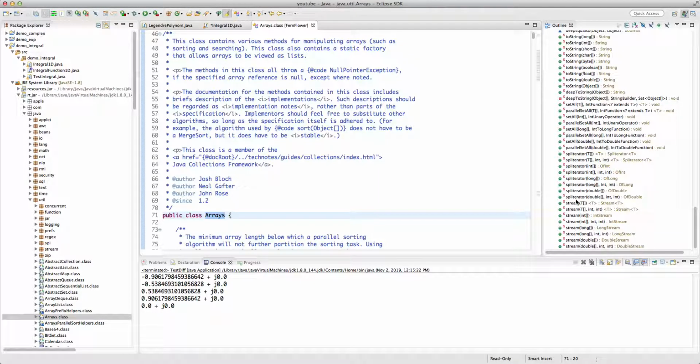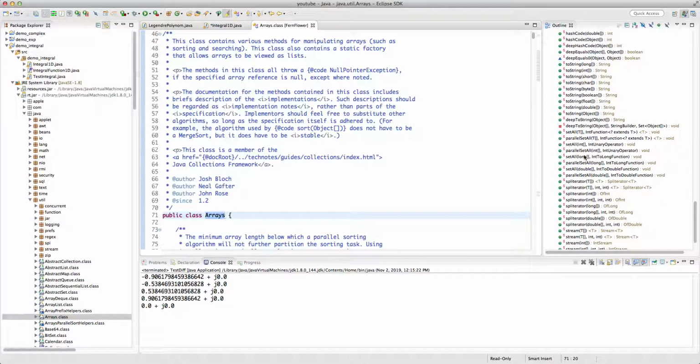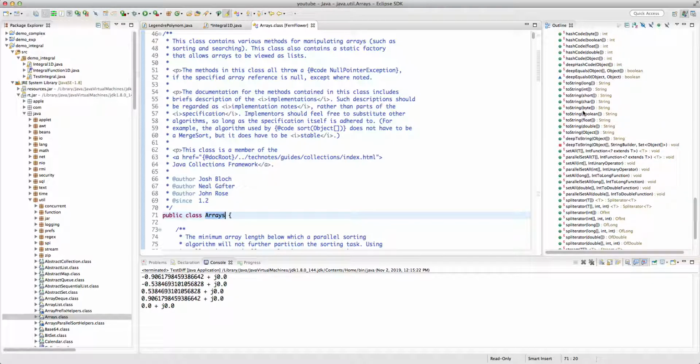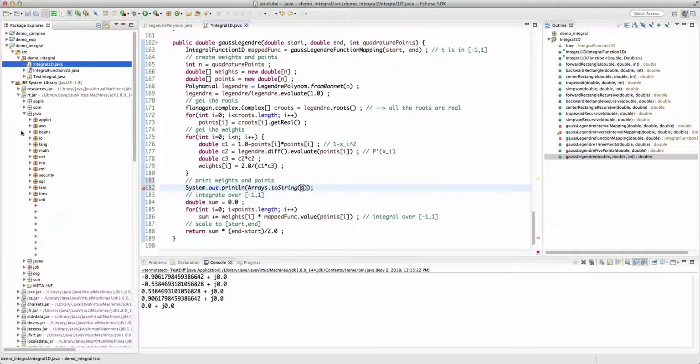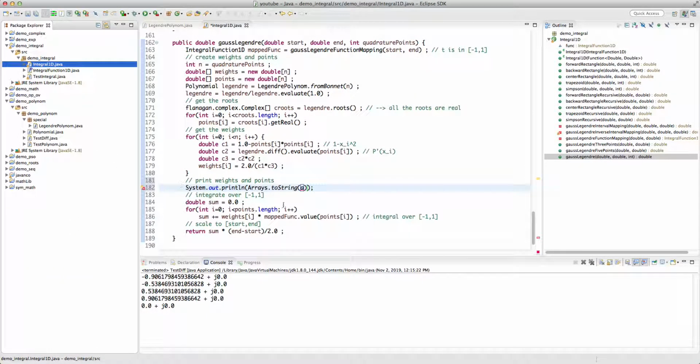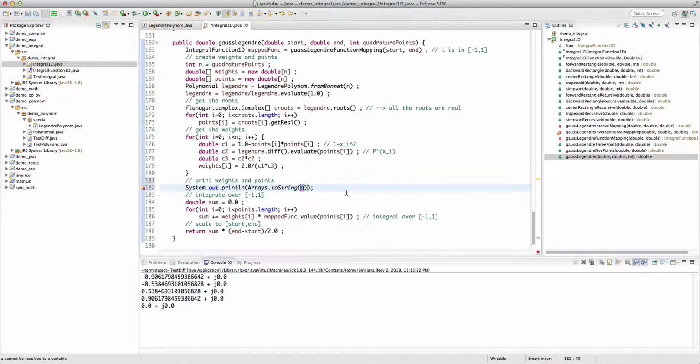It has two string methods, int, char, byte, object. So we're going to a string points, and let's call this points equals plus arrays, and also weights.